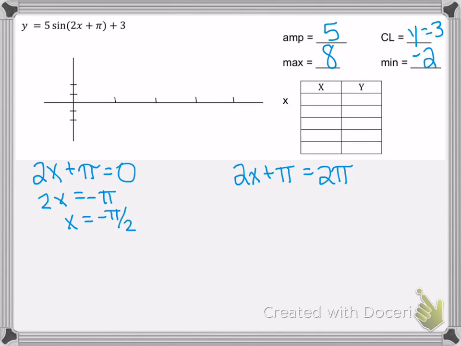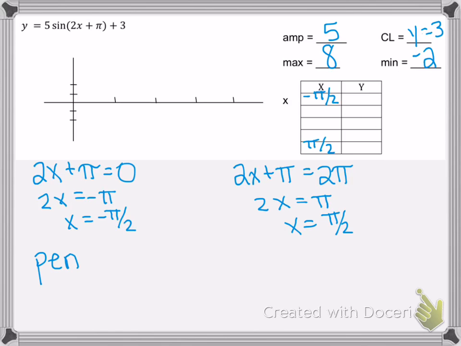So my first one's -pi/2. And my second one is just pi/2. What that tells me is where my curve is going to start and where my curve is going to be ending.